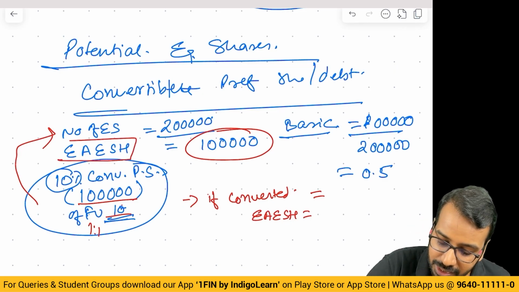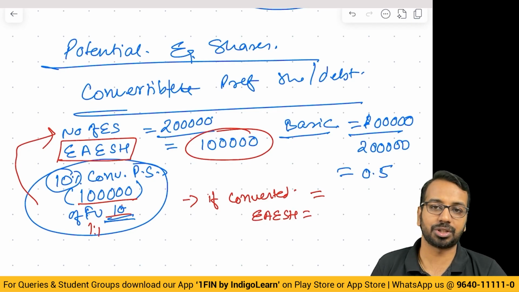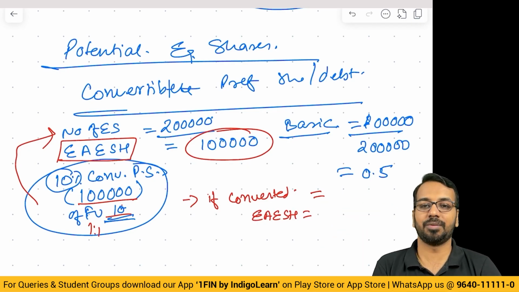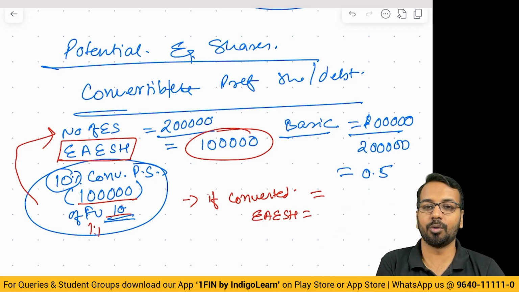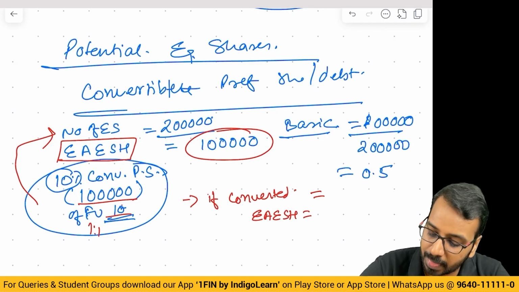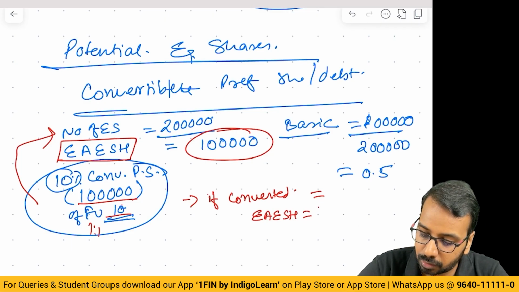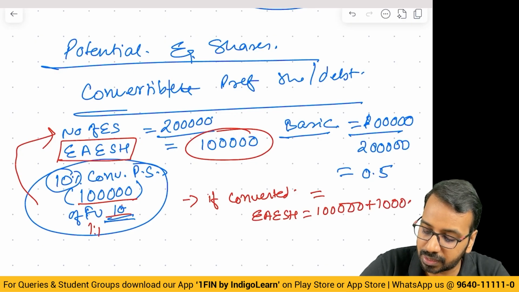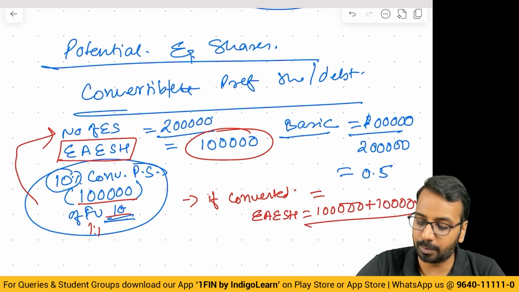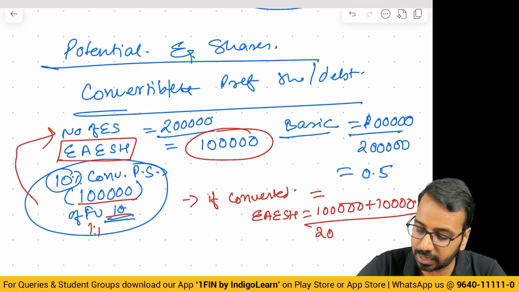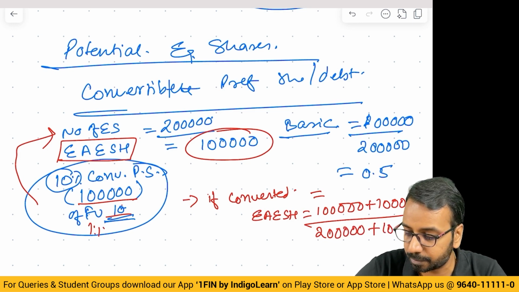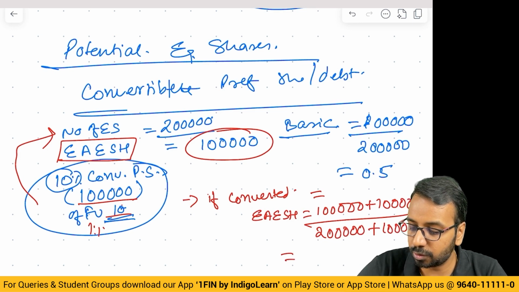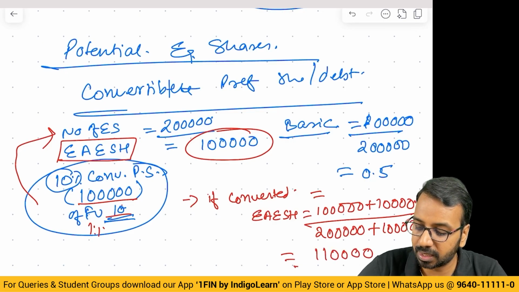While calculating earnings available to equity shareholders, we had reduced preference dividend. Now we don't need to pay that dividend anymore. That is our savings. So our earnings will be 1 lakh plus 10,000 of preference dividend that has been saved, divided by, what are the number of shares? 2 lakhs, plus we'll get 10,000 more shares. Now this will be 1 lakh 10,000 divided by 2 lakh 10,000.